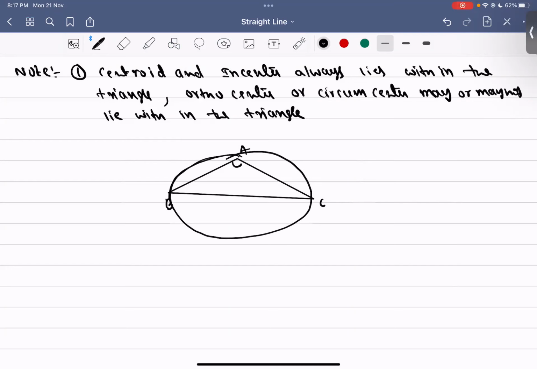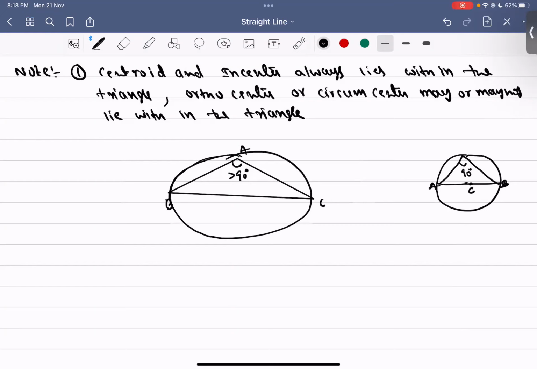Here this angle is greater than 90 degrees. The angle in a semicircle is 90 degrees, we know that. Yes or no? This is the diameter of the circle. Suppose this is the center of the circle. The angle in a semicircle is always 90 degrees.